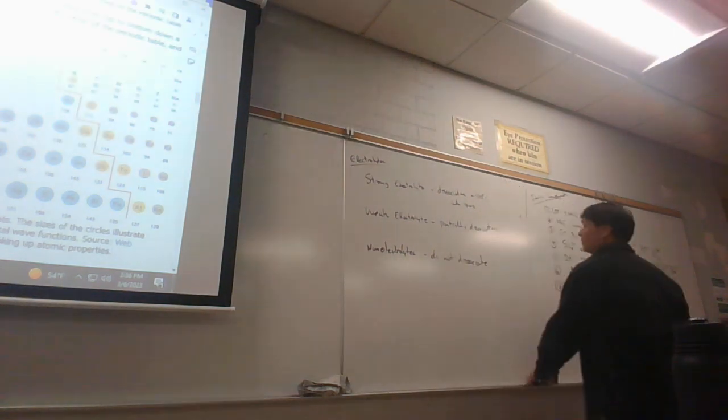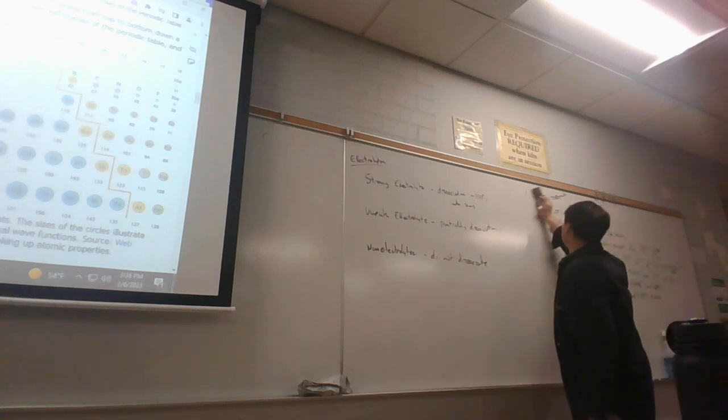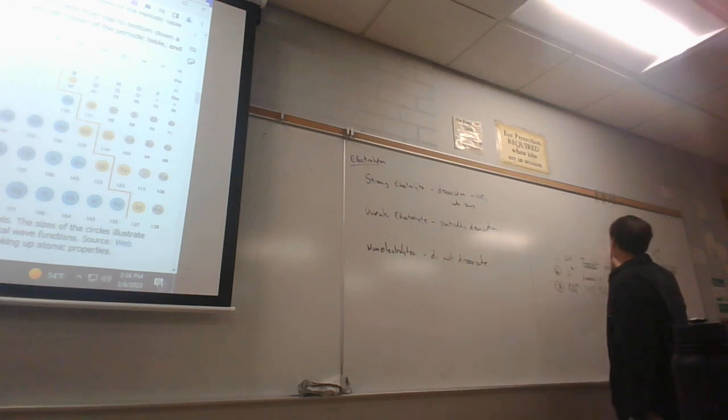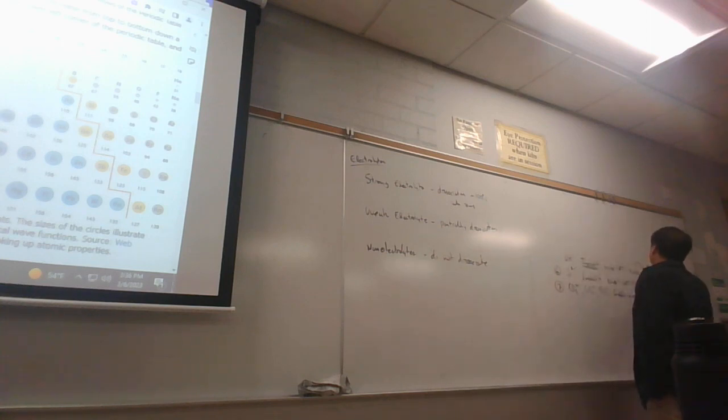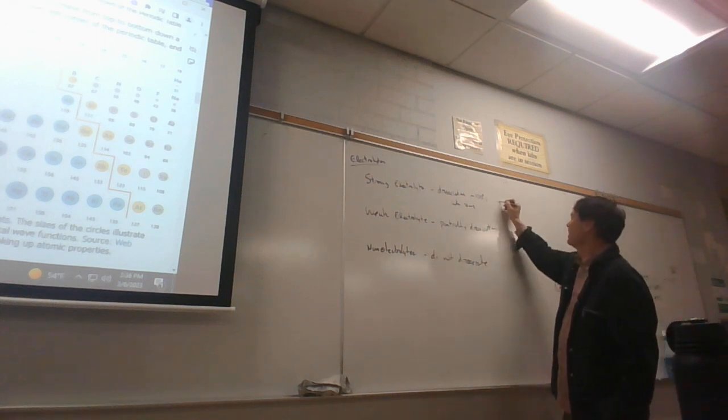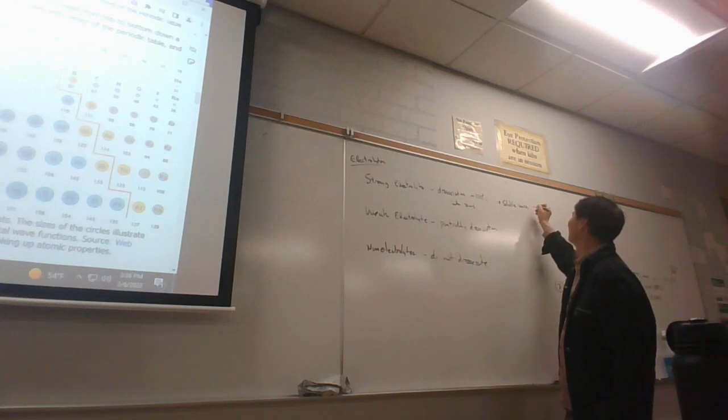And so I need to talk about how to recognize a strong electrolyte. What types of compounds are strong electrolytes? Ionic. Yeah, ionic. But usually we say soluble ionic compounds.